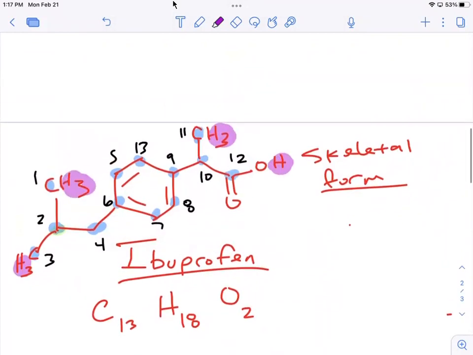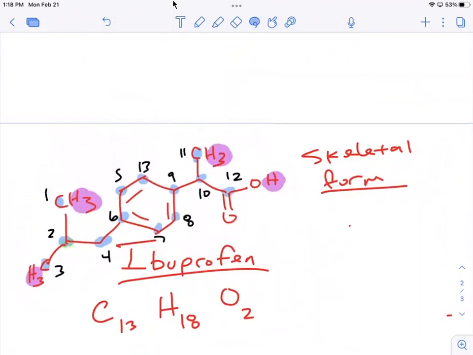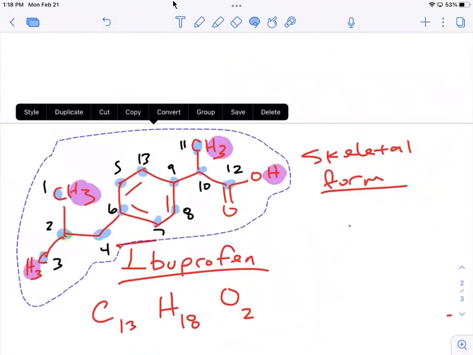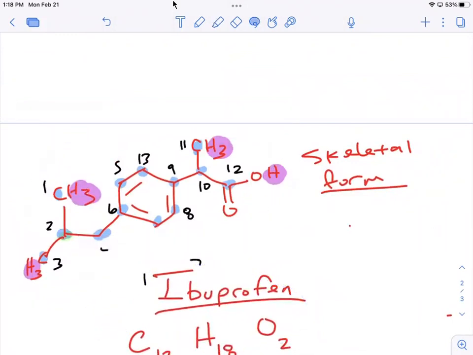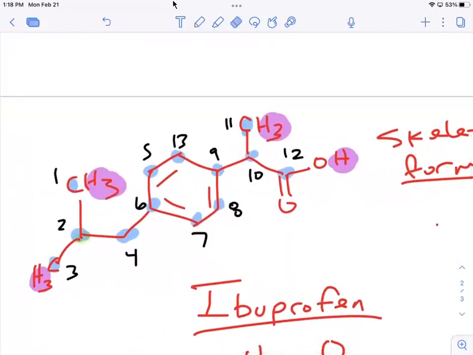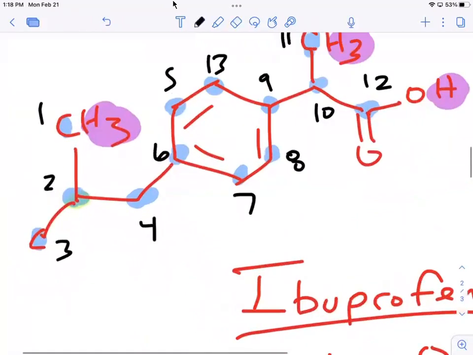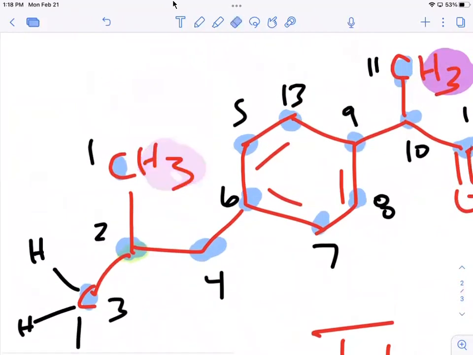And actually, let me go a step further and draw those out so you can see exactly what this thing looks like. So when you see the CH3s, let me show you what that actually looks like. That carbon actually has 3 hydrogens bonded to it covalently. All of this is covalent, nothing ionic.